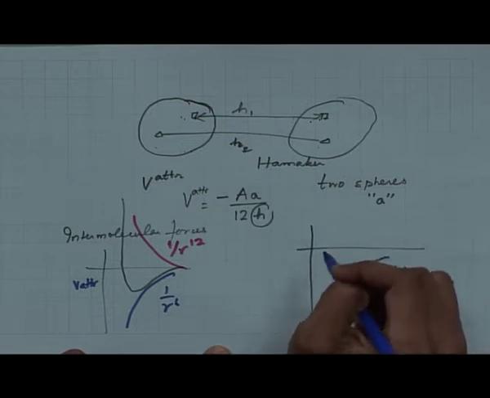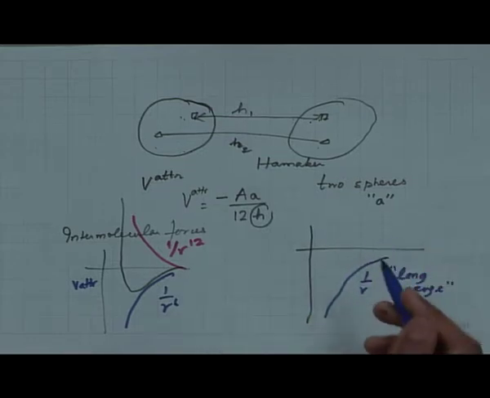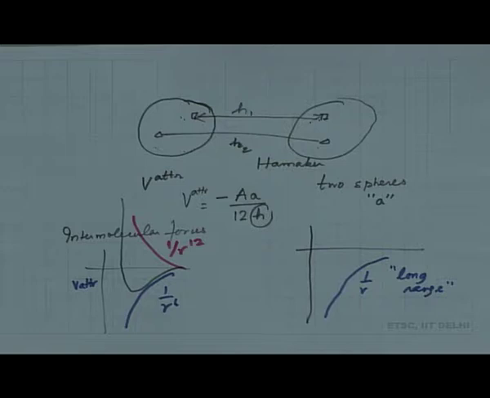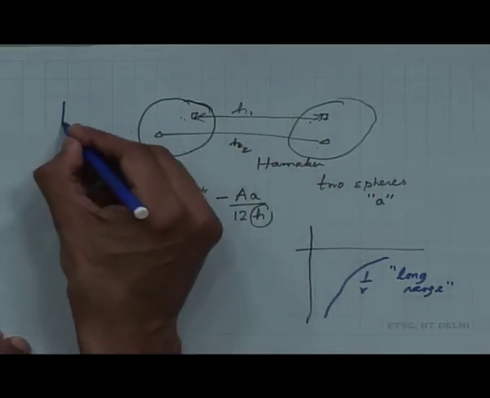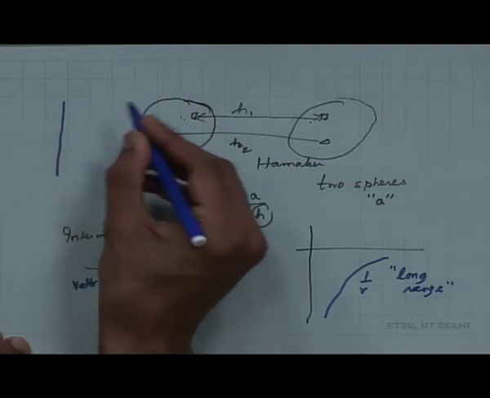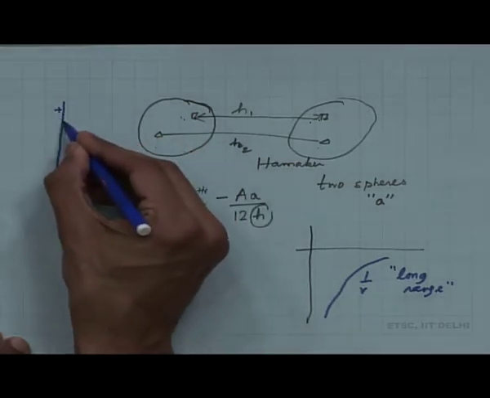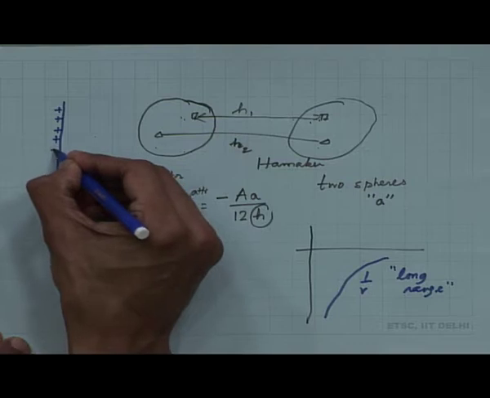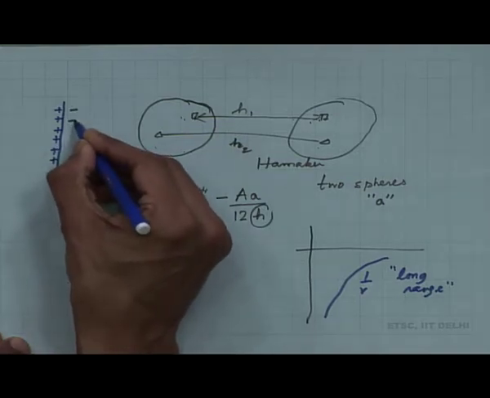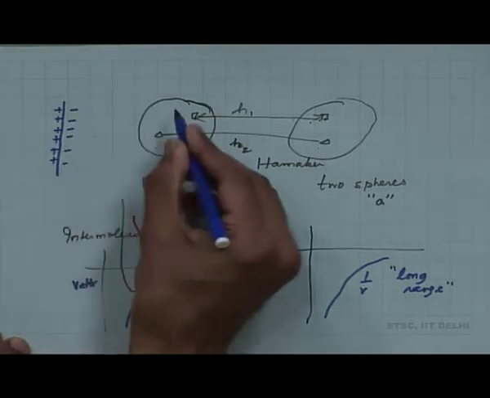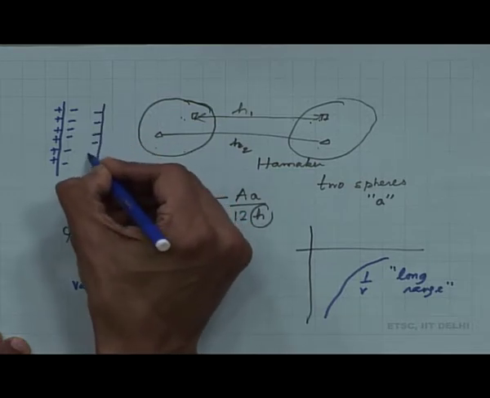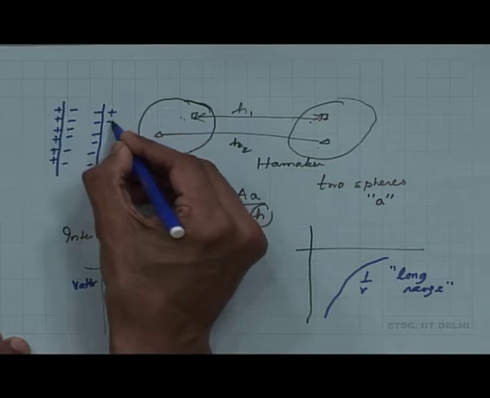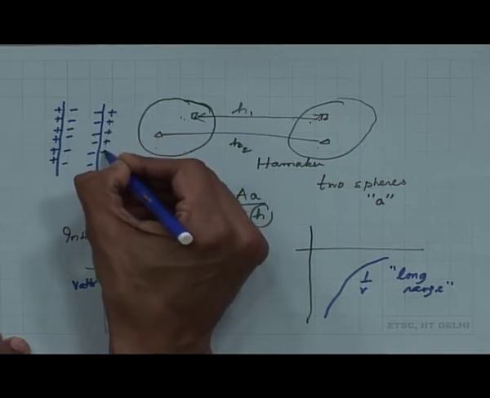Now, you ask the question, what is it then which is the cause of the repulsive potential? And the repulsive potential comes about because of this double layer that we talked about. So, imagine that I have one colloidal particle like this coming near another colloidal particle which also has a double layer.